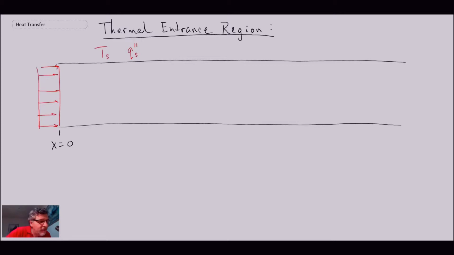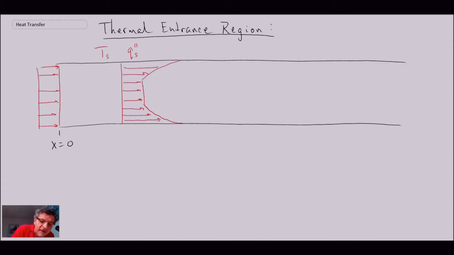If we go a little bit further into the pipe, our temperature profile may look something like this. This is the case where we would have heating on the wall, and that should be symmetric. So let me clean that up. We would have a temperature profile that may look something like this.